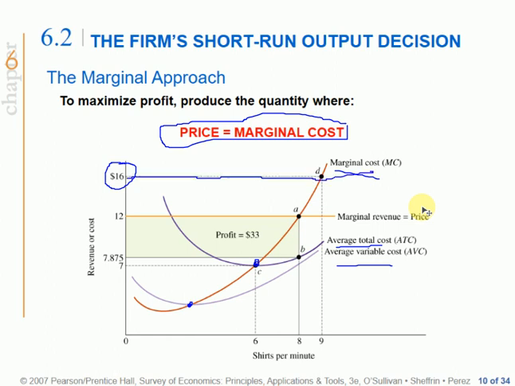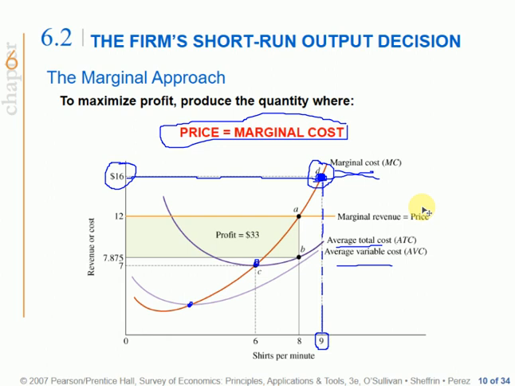So here, the price line intersects the marginal cost curve at point D. We then project this point to find that when the market price is equal to $16, the quantity that maximizes the firm's profit is equal to 9.